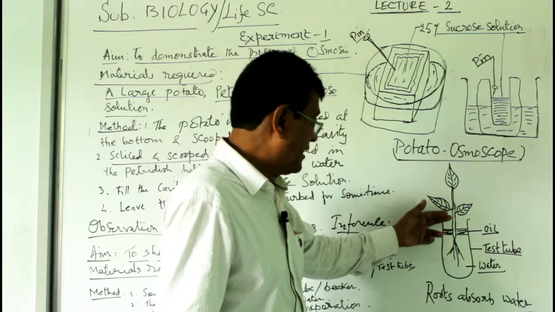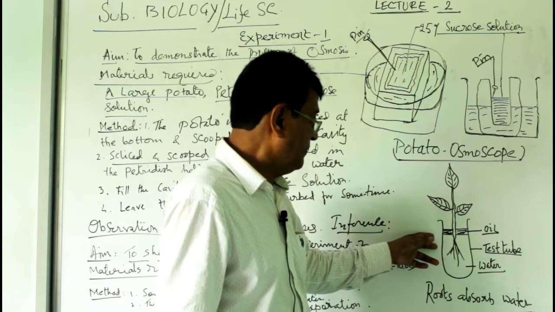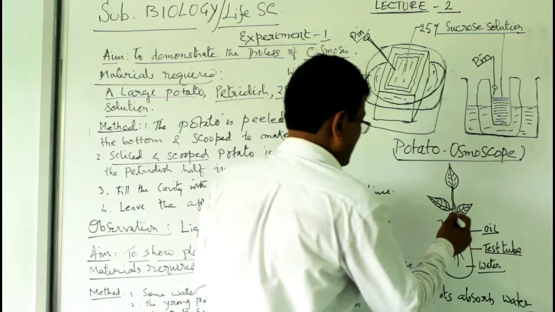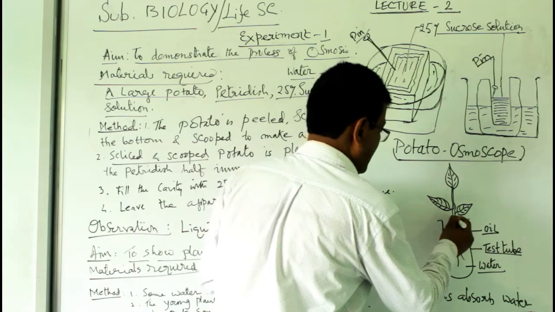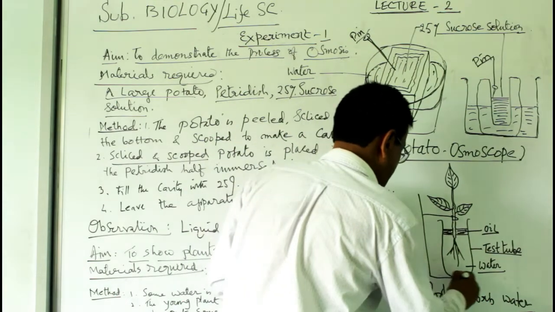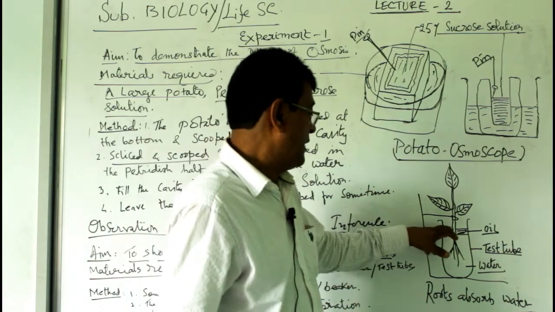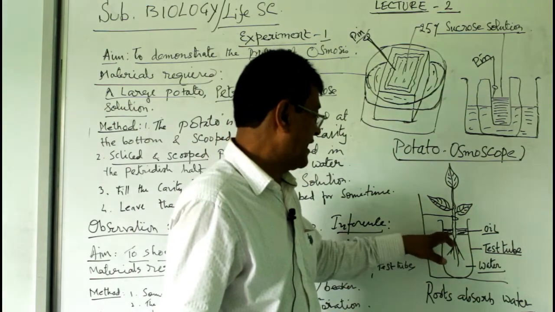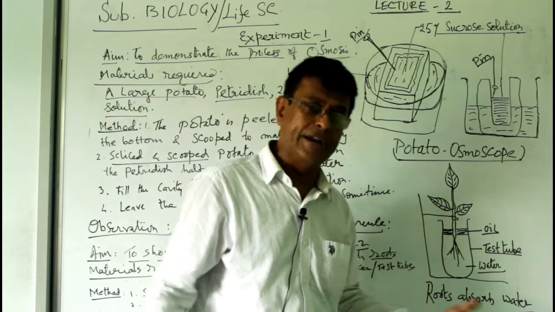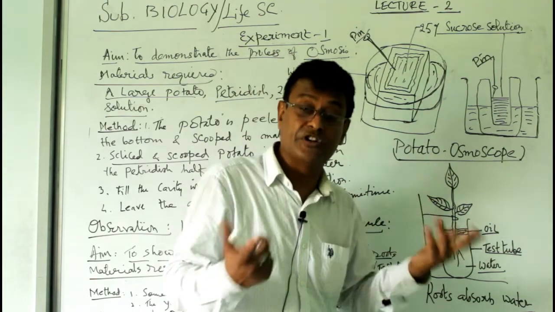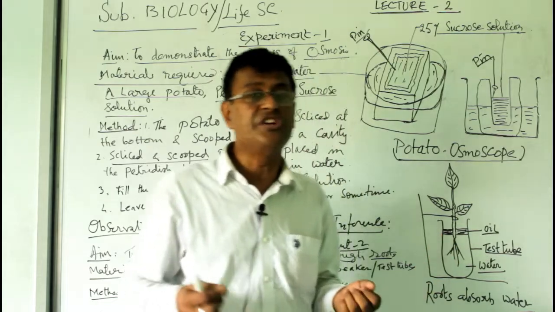Put it in such a position that it must not be disturbed. You can put a stand over here and keep it like this. And then it is filled with water, and at the top put some oil. Why do you put the oil? Because the oil will prevent evaporation. Because evaporation is a natural process.